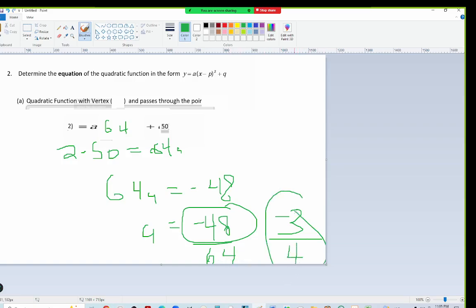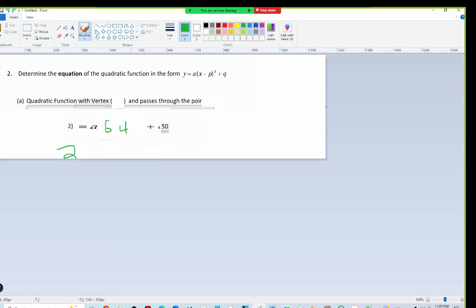So that's A. Once I have A, I go back to the original formula, and this is important. In this format here, I leave the x and the y alone, like this. And I fill in all the information I have now. So I know that that's now minus whatever we had.